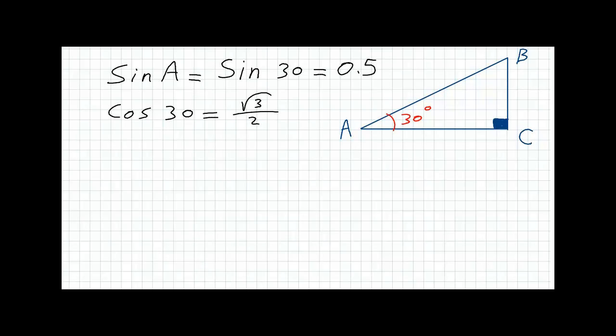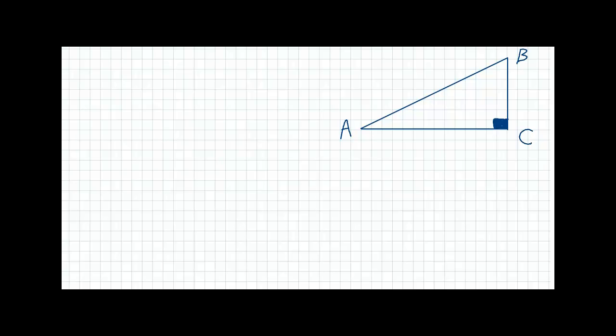Also, using your calculator, you can find the tangent for the angle 30 by pressing the tan button and inserting 30 degrees, and this will result in 0.5774 approximated to the nearest ten-thousandth.